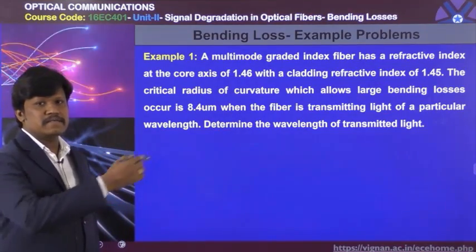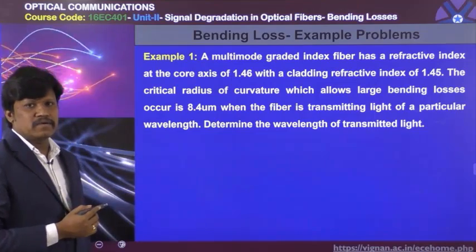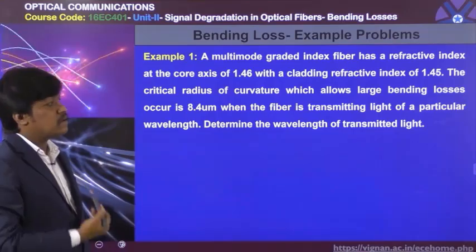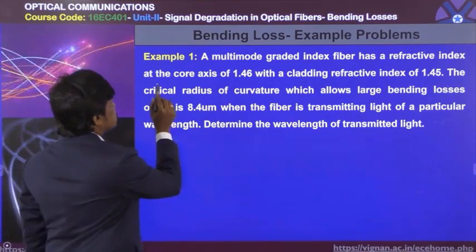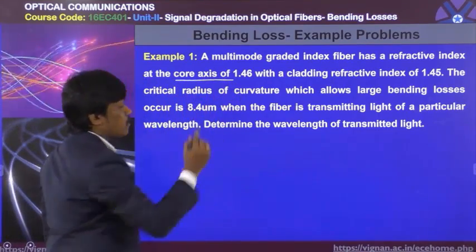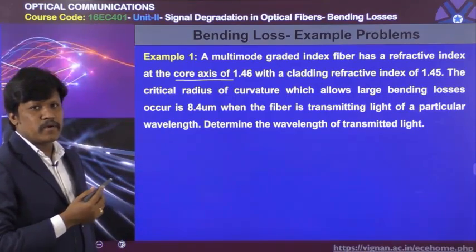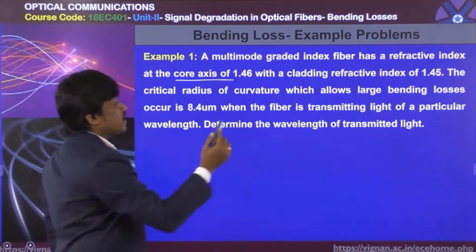Now we will see some example problems in bending losses. Example 1. A multimode graded index fiber has a refractive index at the core axis of 1.46 with a cladding refractive index 1.45.